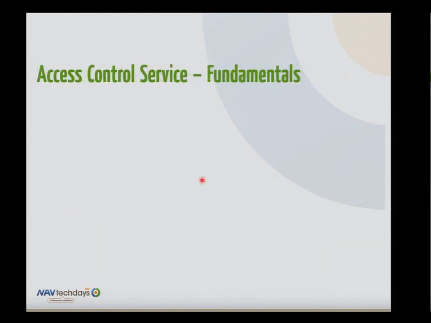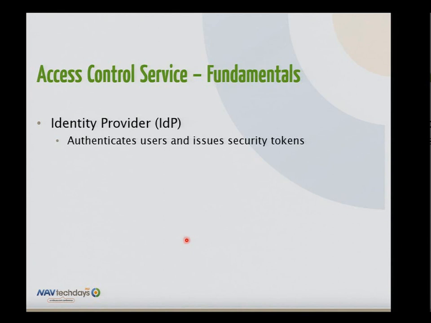But we also need to get a few terms defined here in order to continue. It can be pretty complicated, but it's fundamental when you want to go into the ACS portal and configure it, the ACS Access Control Service portal. One of them is the IDP, the Identity Provider. This is just the place that authenticates users and issues tokens.